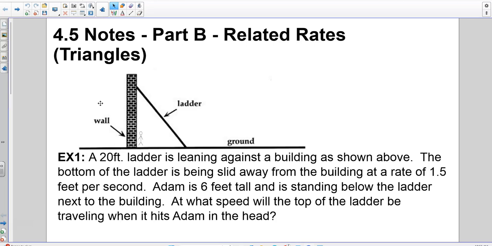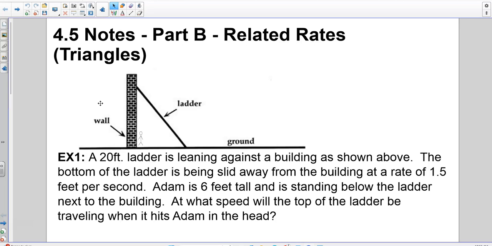So, we have a 20-foot ladder leaning against the building as shown above. These ladders sliding down the wall problems, or some version of them, show up a lot too. The bottom of the ladder is being slid away from the building at a rate of 1.5 feet per second. Adam is 6 feet tall and is standing below the ladder. There's his first mistake. Next to the building.